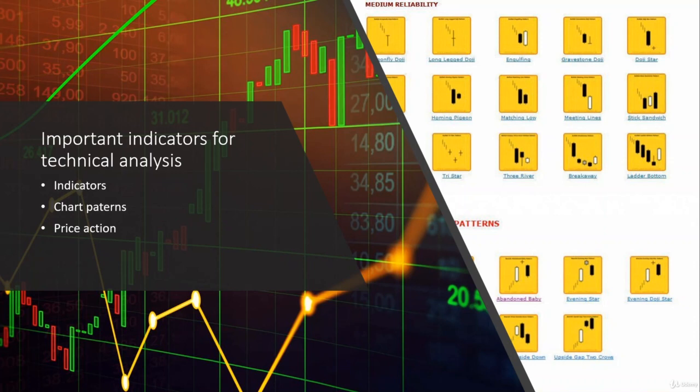Price action will really be things like, for example, support and resistance, Fibonacci, and all those things that are not necessarily indicators, but directly on the chart. So you will take a chart with no indicators, no fundamentals, nothing. You will put your support, your resistance, and you will work with the chart patterns.